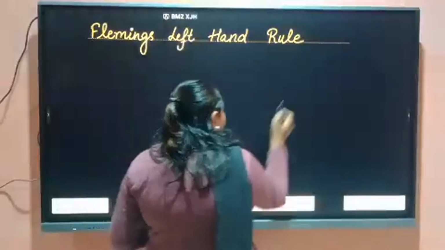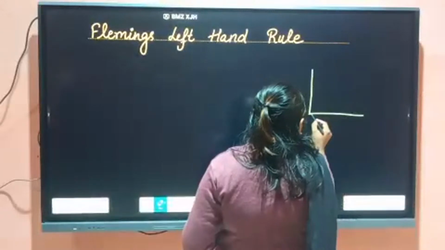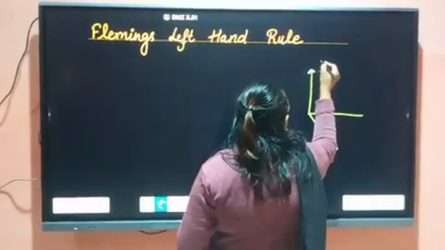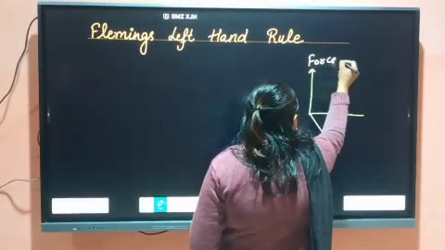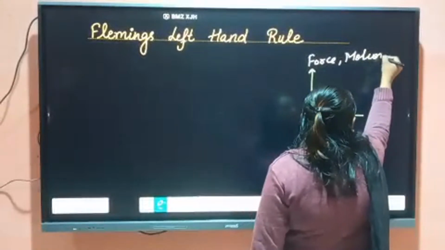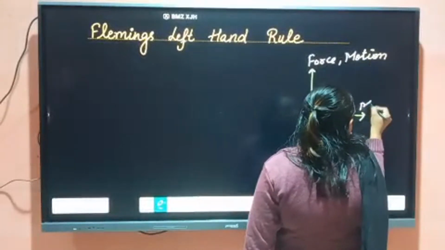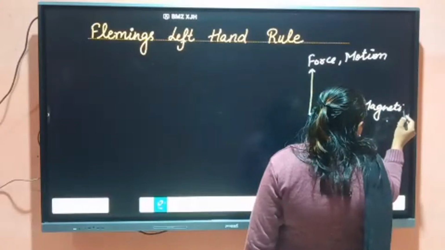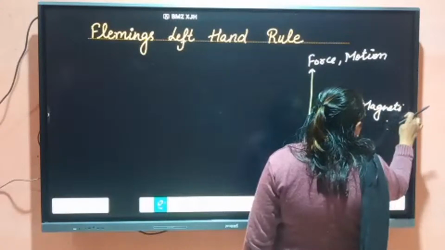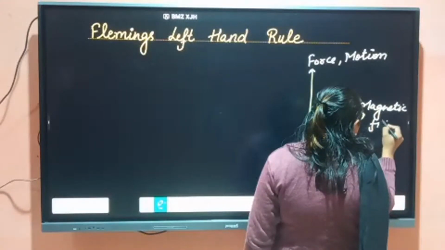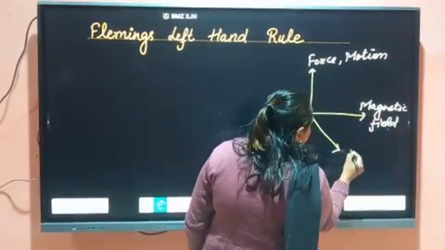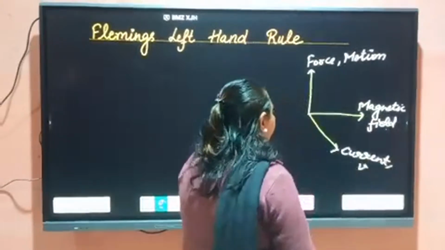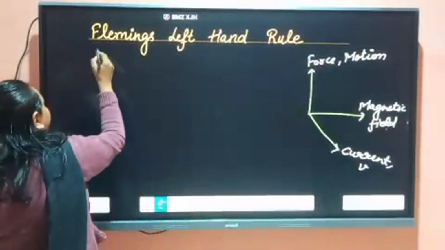So what is Fleming's left hand rule? This is the thumb, which points in the direction of force or the motion of the conductor. This represents the magnetic field. And this represents the direction of current or the velocity vector. Okay? So how can we define it?